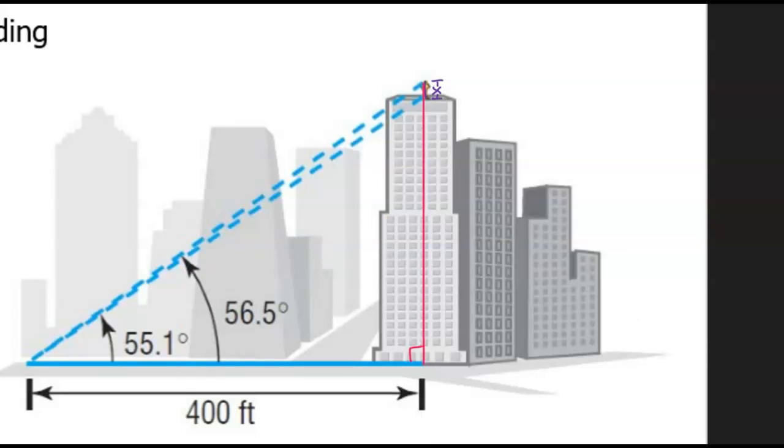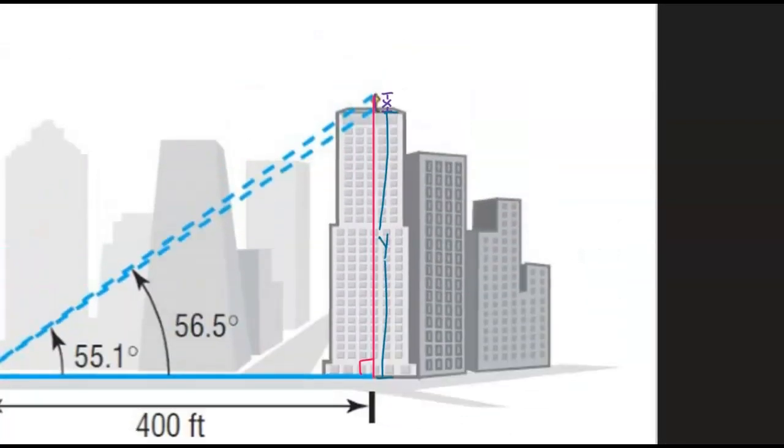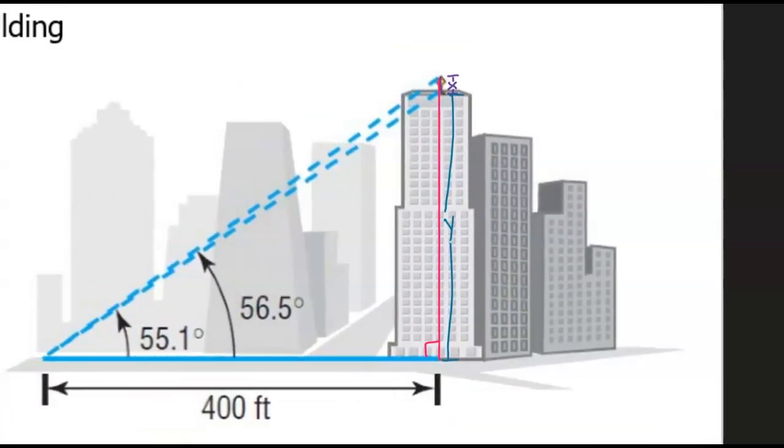What we're going to have to do is we're going to have to first solve for the length on the smaller right triangle. We'll call that y, the length of that opposite side of the smaller right triangle, and then find the height of the larger right triangle.